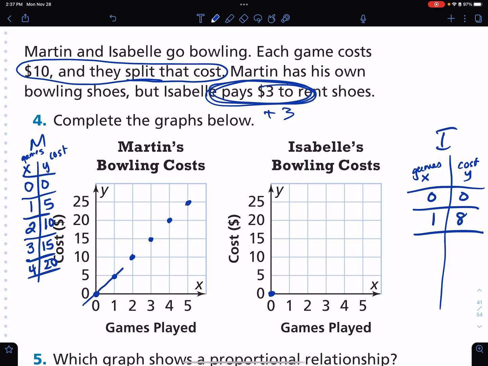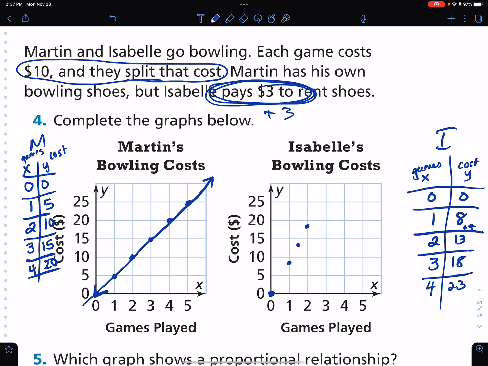So his line would be like this. Her line would be that, and then 1, 8. But she has to add $5 for the next one, so that would be 13. So let's go to 13, which is here. And 13 plus $5 would be 18.